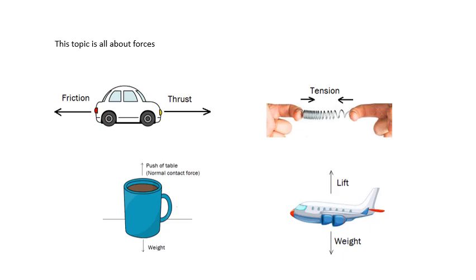A posh name for that is the normal contact force. Normal just means at right angles. If you've done anything about optics and refraction, you should know that. So the normal contact force. And then the aeroplane, there's the weight of the aeroplane, and there's this force lift due to the wings. That's what the wings on an aeroplane do. If an aeroplane didn't have wings, it wouldn't be able to fly.